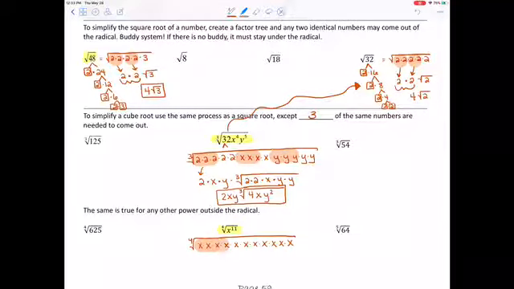So that's the first group of 4, that's the second group of 4, and I don't have 4 left. So I get 2 groups of 4, or 2 groups of x that get to come out. So 1 group of x, 2 groups of x, and then inside I have 3 x's left. So we would write this as x squared times the fourth root of x cubed.